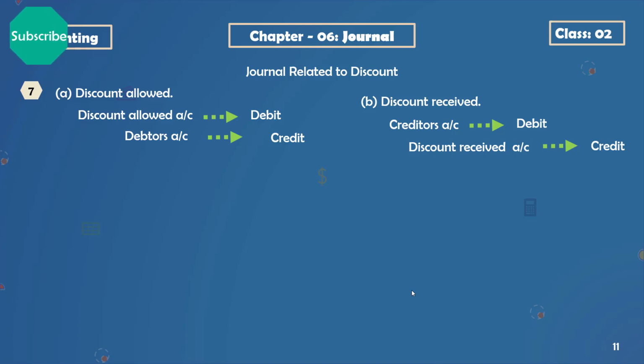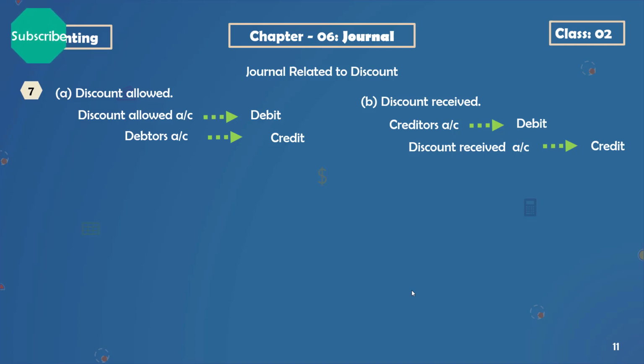In the case of discount allowed, debtors account will be credited in the journal entry, and creditors account will be recorded in the discount received journal. Creditors account is associated with discount received.